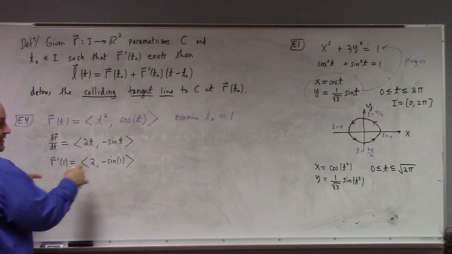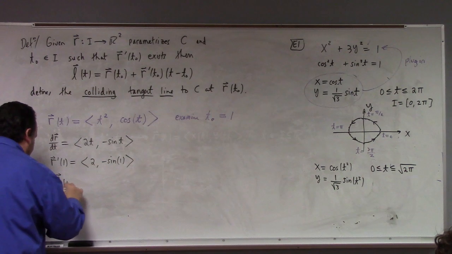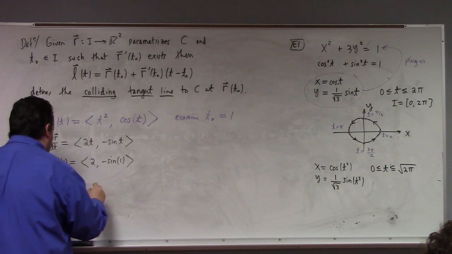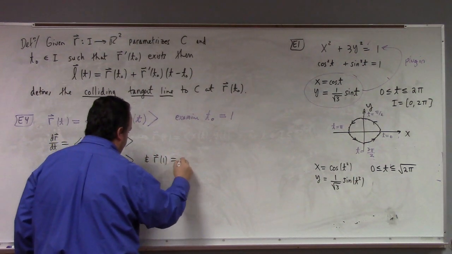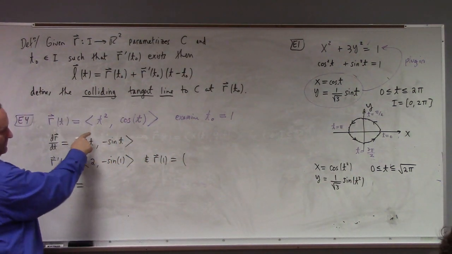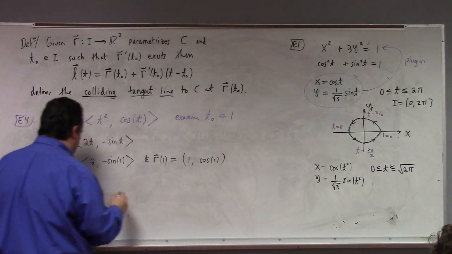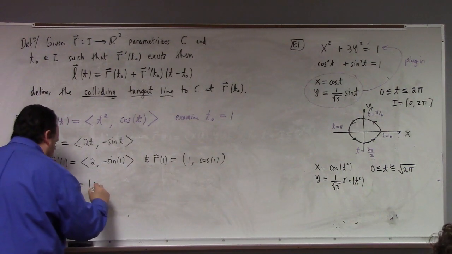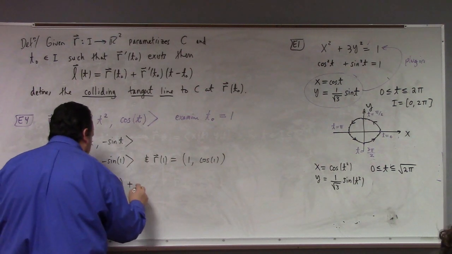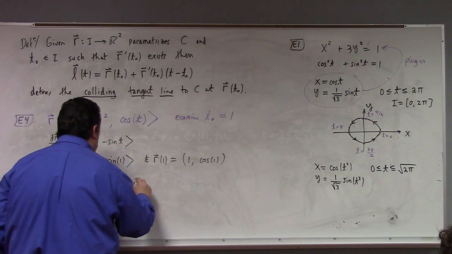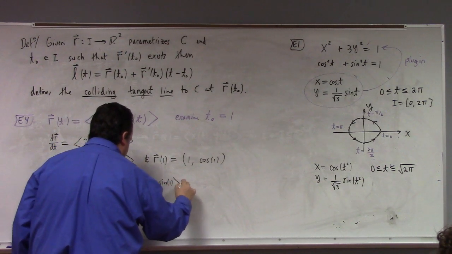Just like this. And so then the parametrization, L of t equal to, what is it? r of t naught. What is r of 1? We get 1, cosine of 1, right? And so what I have is 1, cosine of 1, plus what? 2, minus sine of 1, times what?